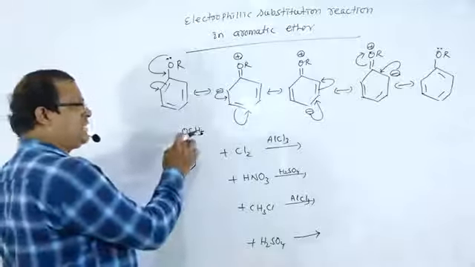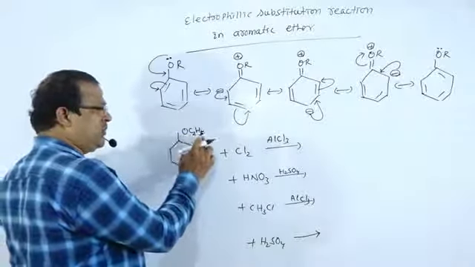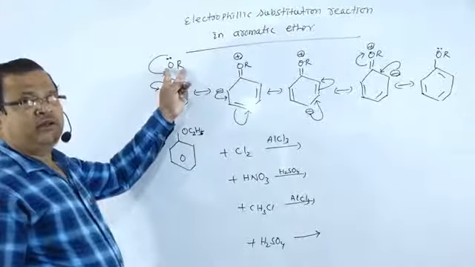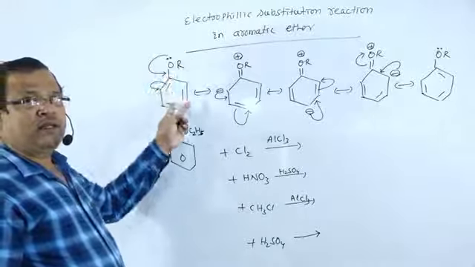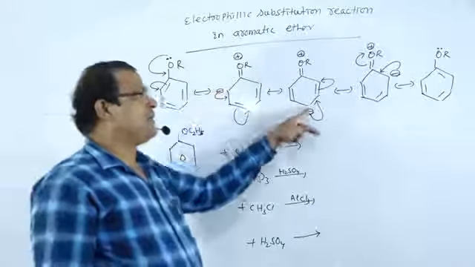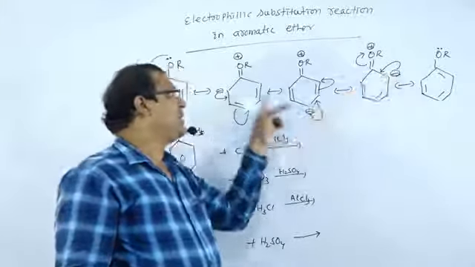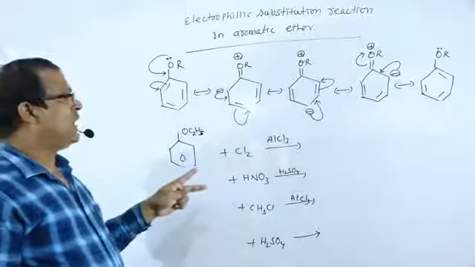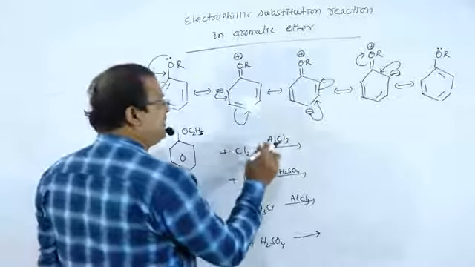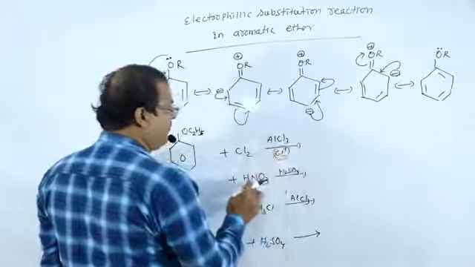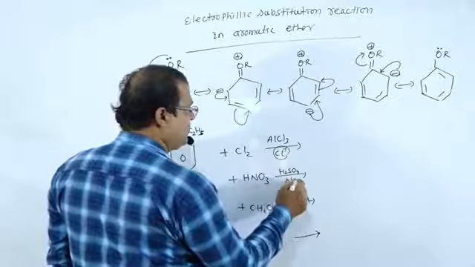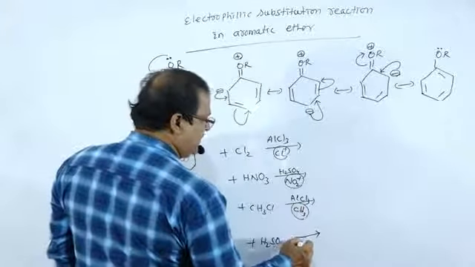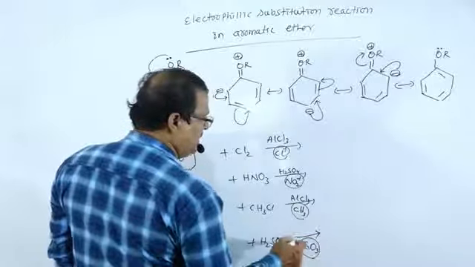The presence of the OCH3 group, OC2H5 group or OR group, you can say these are ring activating groups. They will increase the electron density in the ring, particularly at the ortho and para positions, where the negative charge occurs. Therefore, from this the electrophile is Cl+, from this the electrophile is NO2+, from this the electrophile is CH3+, and from this the electrophile is SO3, not plus, only SO3.